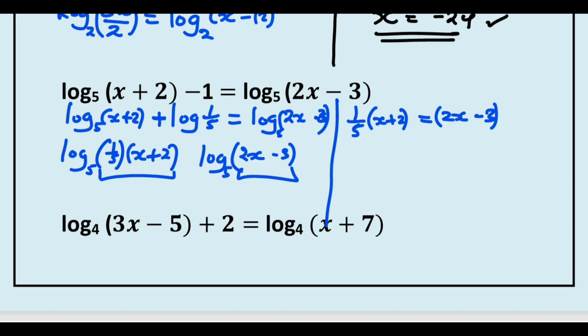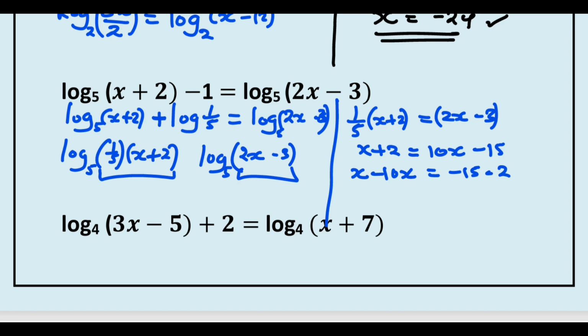So multiply both sides by 5, x plus 2. If you multiply both sides by 5, this side will remain with x plus 2 is equal to 5 by 2x, which is 10x. 5 by -3 is -15. So now collect like terms. X minus 10x is equal to -15 minus 2.